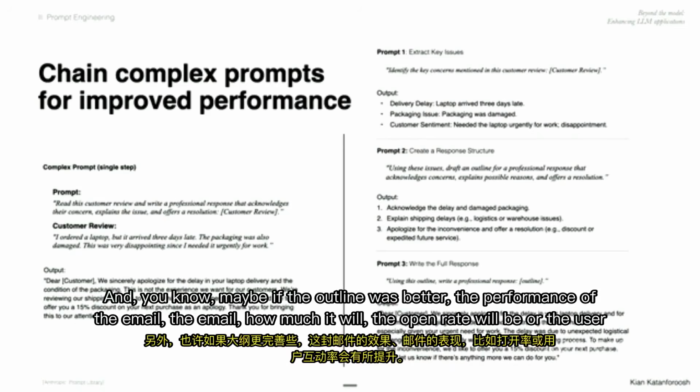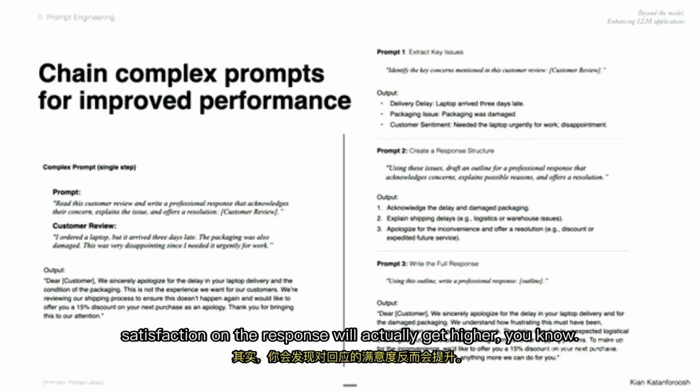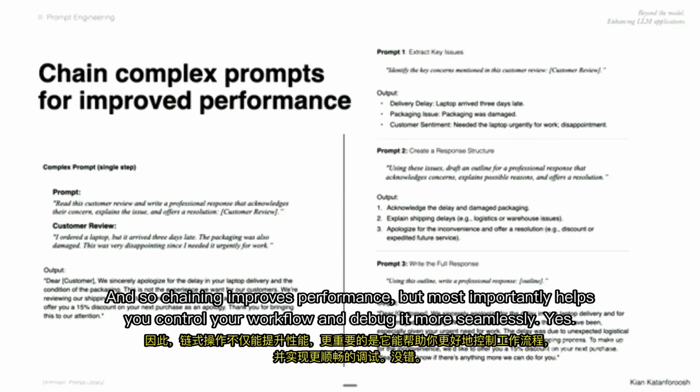And maybe if the outline was better, the performance of the email, the open rate, or the user satisfaction on the response will actually get higher. And so chaining improves performance, but most importantly helps you control your workflow and debug it more seamlessly.